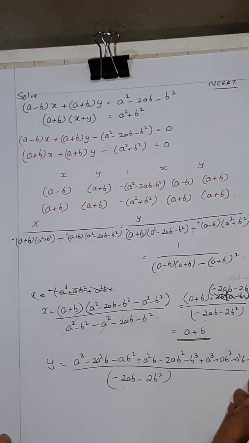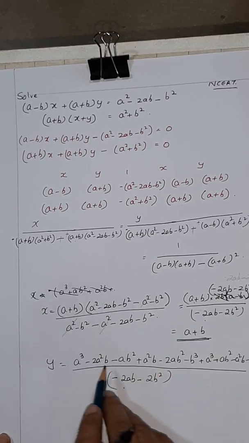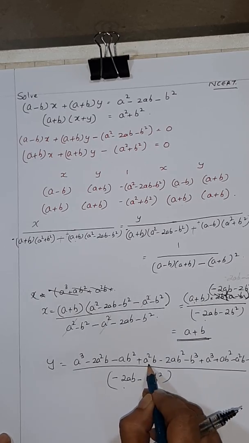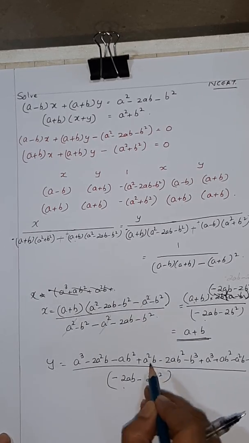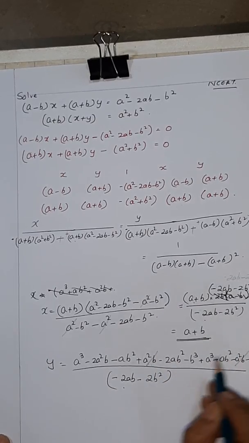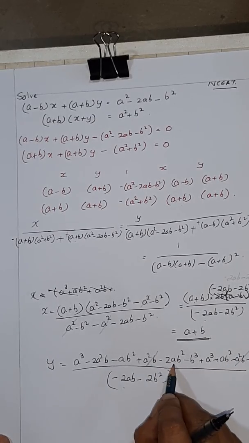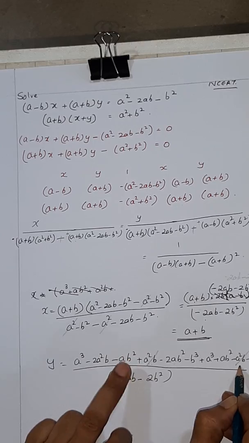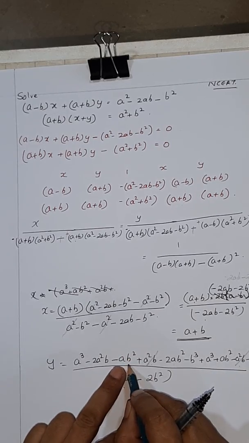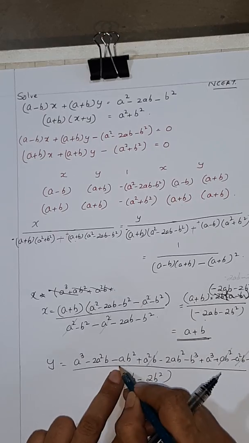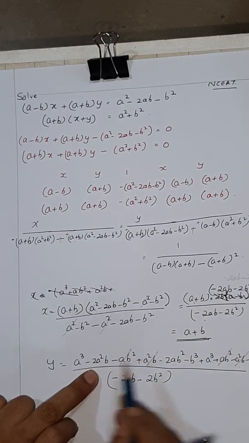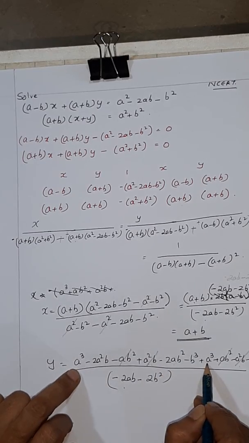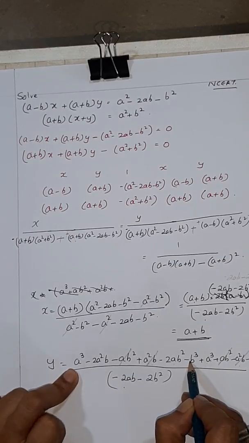Now here we will do the simplification. Minus 2a squared b, here a squared b is there, a squared b is there, this a squared b and this a squared b will get cut, then ab squared, a squared b is getting cut, and then ab squared minus ab squared plus ab squared is getting cut, and then a cube and then minus b cube.